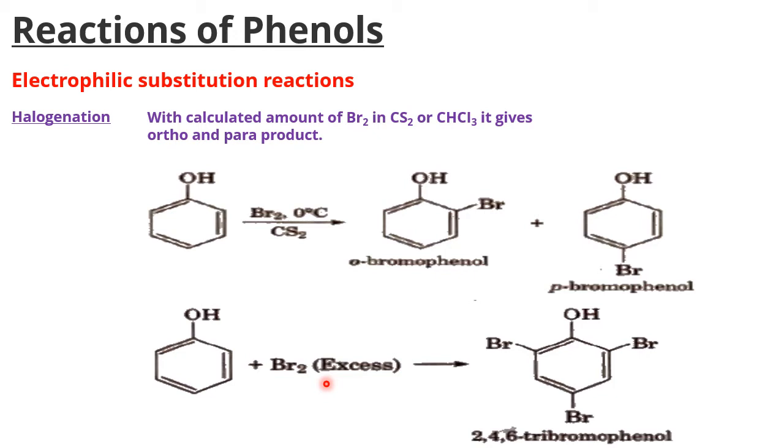We get a tri-substituted product. It is called 2,4,6-tribromophenol if you go for excessive halogenation using bromine. An important point is that OH is a highly reactive group. It activates ortho and para like anything. So the incoming electrophile will enjoy, it will easily come and attack on the ortho and para positions.